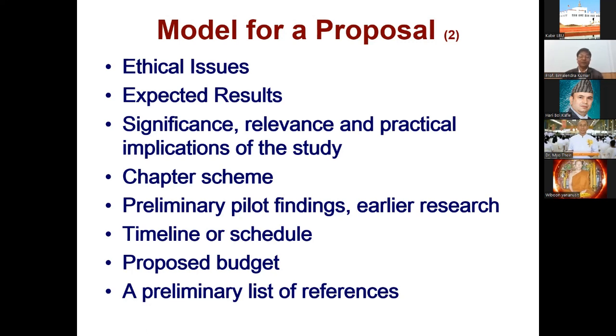Then what will be the chapter scheme, preliminary pilot findings and earlier research. Then you have to state in how many years you are going to complete it. You have to make a schedule of your whole research program. Then what will be the proposed budget and a preliminary list of the references, primary references and secondary sources.